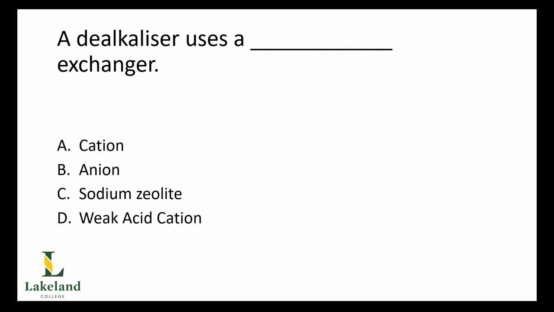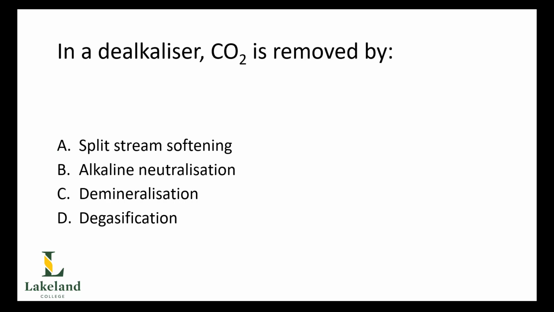Well, it's exchanging our calcium and magnesium cations with hydrogen ions. So therefore, this one is a cation exchange. Yes, it's also a weak acid cation exchange, being more specific, but what they're getting at here is basically a cation exchanger. The weak acid and strong acid goes a little bit beyond the scope of third class.